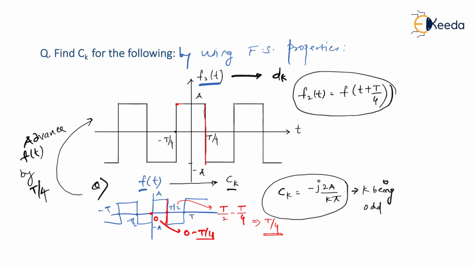So I'm sure you know how to advance and how to delay the signal. My duty is just to tell you the relation between f2 of t and f of t. So f2 of t is f of t plus T by 4.